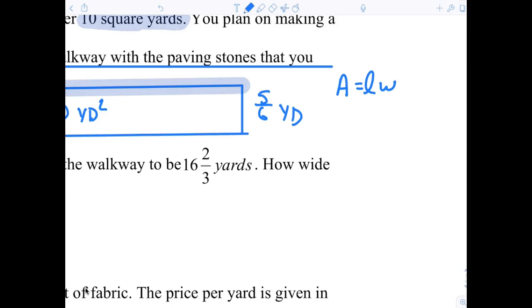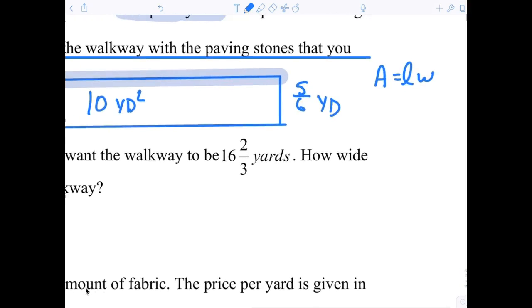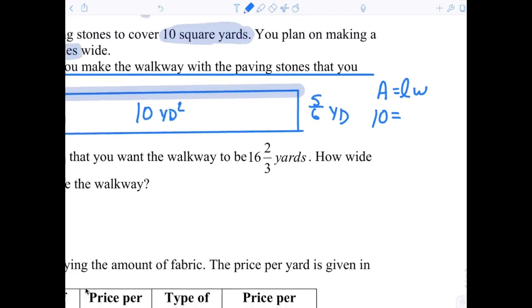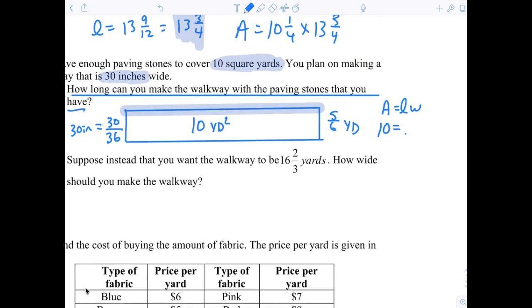Now, what is our area? What is the area, Bradley? 10. What's the width? 5/6. Does everybody agree with this?